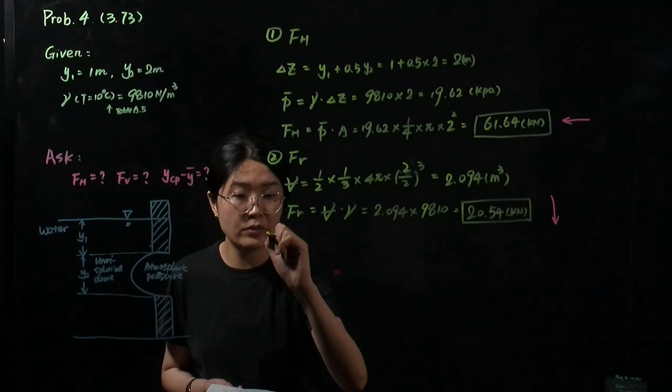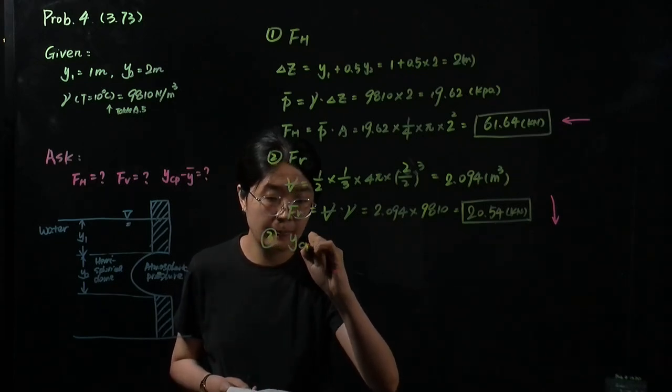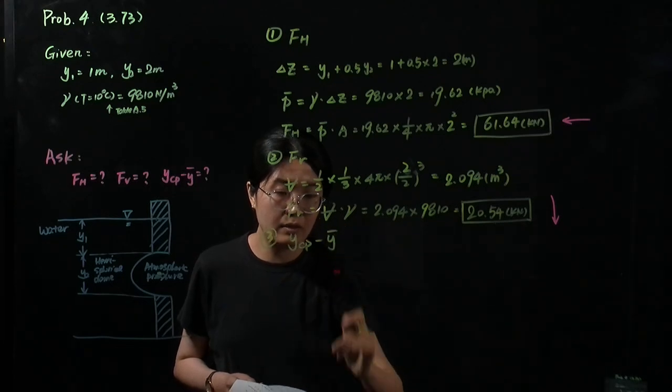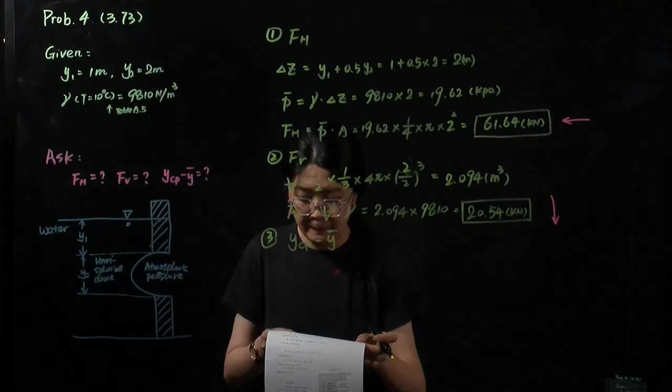And then in the next step, we should calculate the center of pressure minus the location of the centroid.